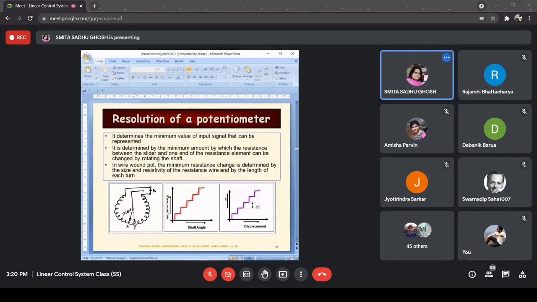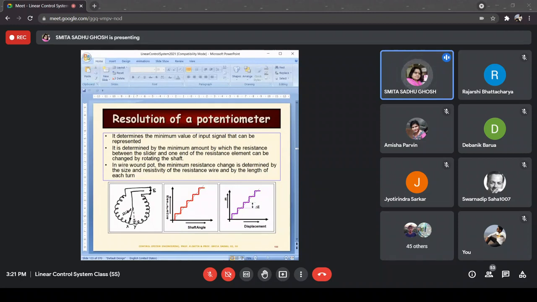If you calculate from the reference side, the moment your slider goes to the next point, there is no continuity in the sense that that much extra amount has come in. So there will be a jump as far as the resistance is concerned as well, right?